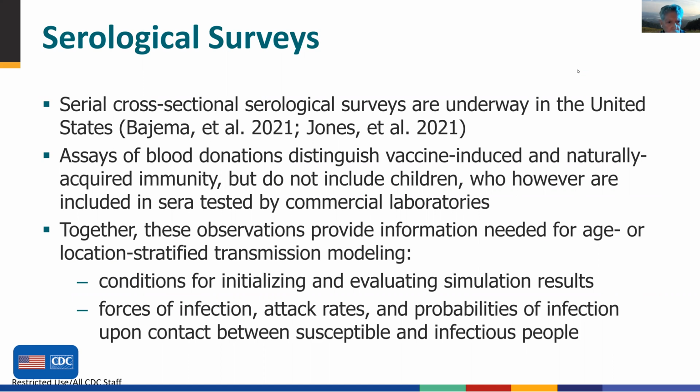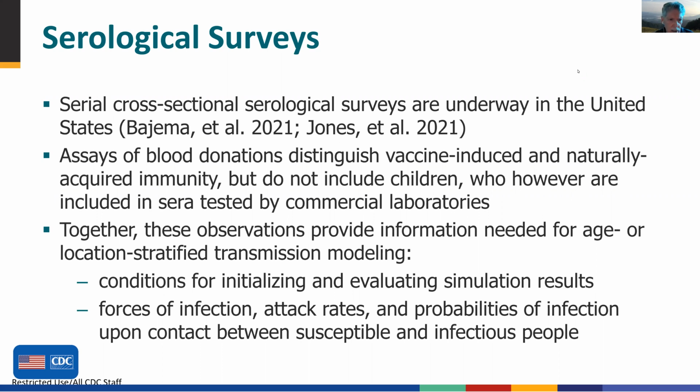But blood donors don't include children, who, however, are included in the other study, which is sera tested by commercial laboratories for purposes other than evaluating exposure to SARS-CoV-2. And together, these observations provide information needed for age or location stratified transmission modeling.